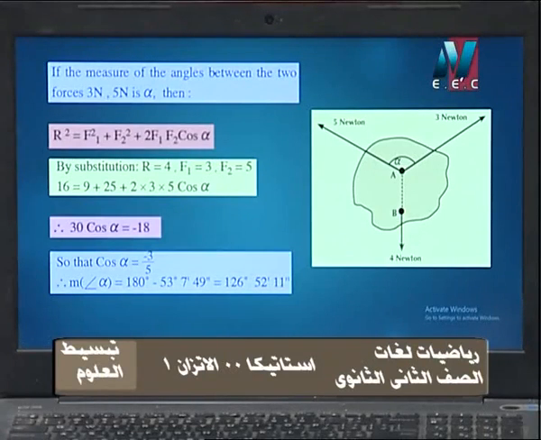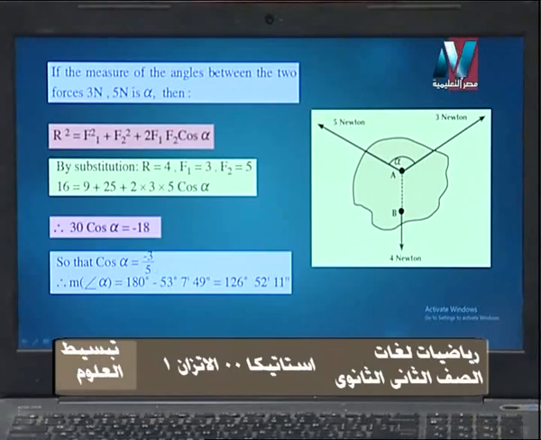So the measure of angle alpha equals 180 minus 53.749, which is 126 degrees, 52 minutes and 11 seconds. You have to use your calculator. You press shift cosine 3 over 5 as a positive, not negative.